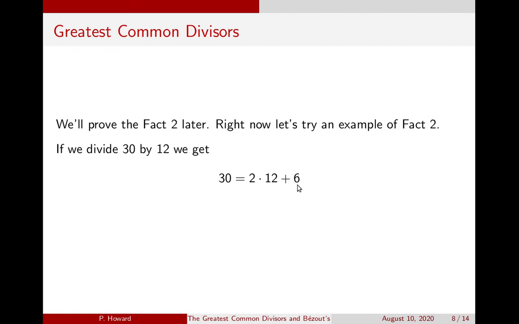And now, according to fact 2, the greatest common divisor of 30 and 12 is the same as the greatest common divisor of 12 and 6, which is pretty easy to verify. The greatest common divisor of 30 and 12 is 6, and the greatest common divisor of 12 and 6 is 6.